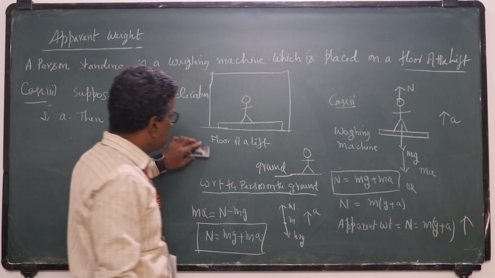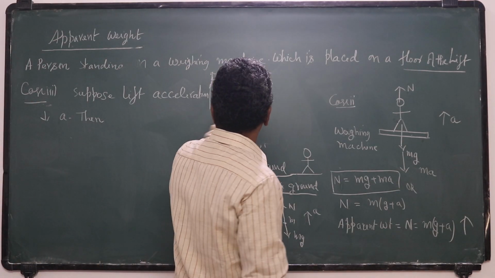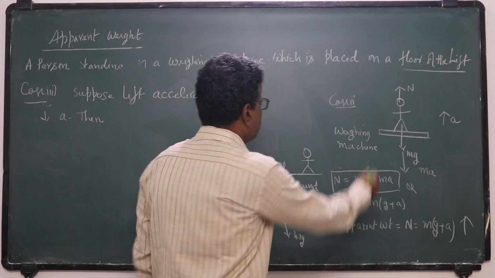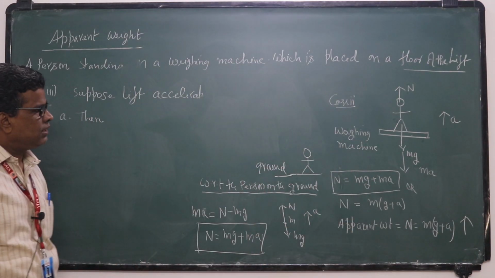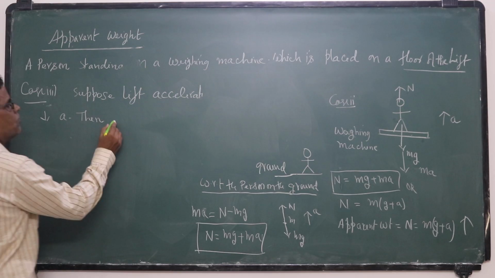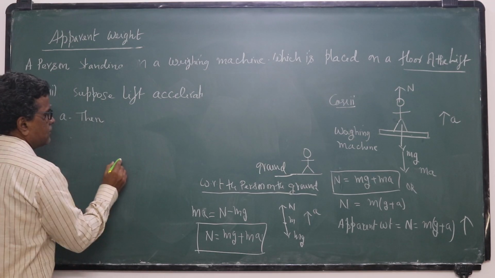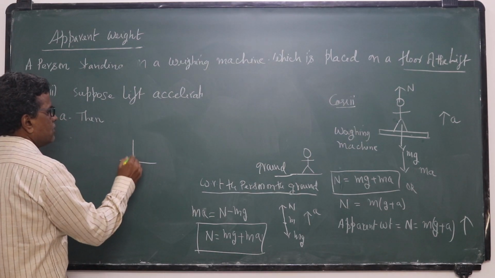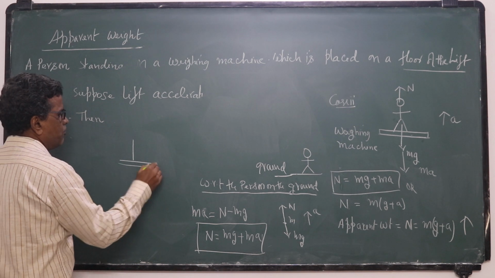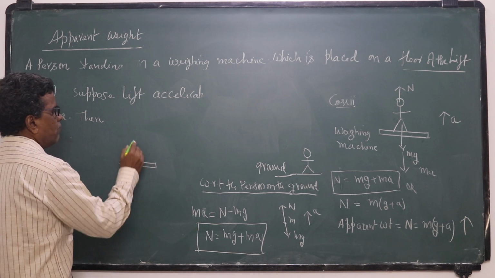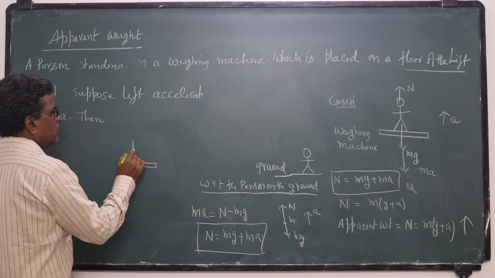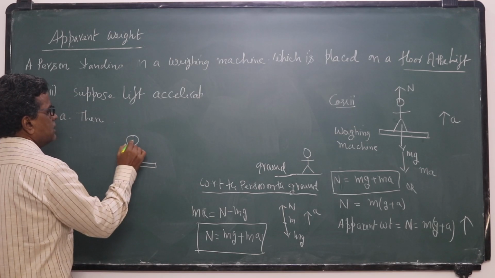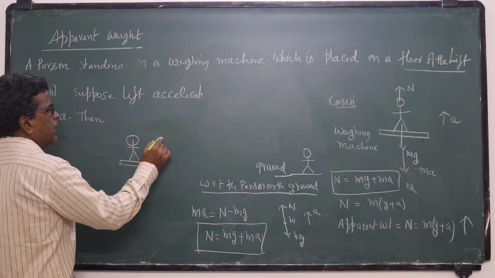We can argue the same thing here in both ways, but first I will argue like this. This is the floor of the lift. A person is standing on this, and it is accelerating down.